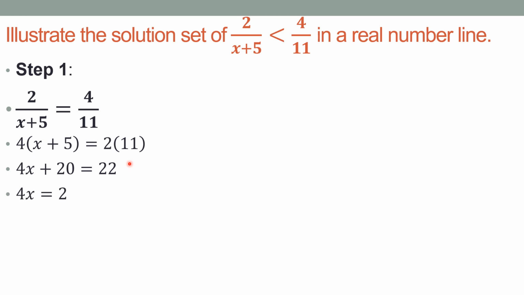So 4x is equal to 2. To isolate x, divide both sides by 4, giving us x is equal to 1/2, because 2 over 4 is equal to 1/2. x is equal to 1/2. This is our first critical value.